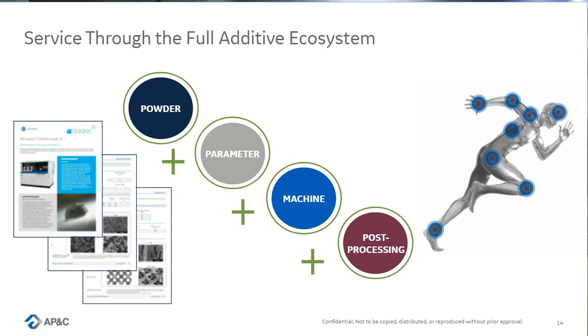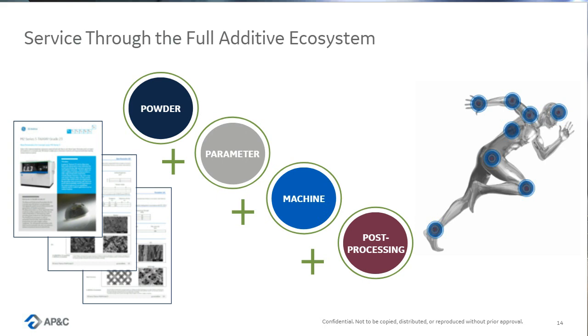Obviously, you might do fine-tuning of any of those for your actual part, because it's not true that one parameter will be good for all parts. But this can ensure that if the machine evolves, if the powder evolves, if the parameter evolves, the entity that does that is going to verify that it works with the full chain, and that you can benchmark that pre-evaluation from the supplier for your own and try to minimize the internal cost.